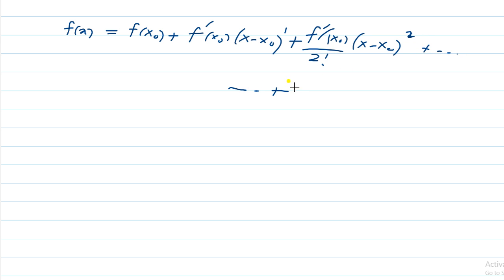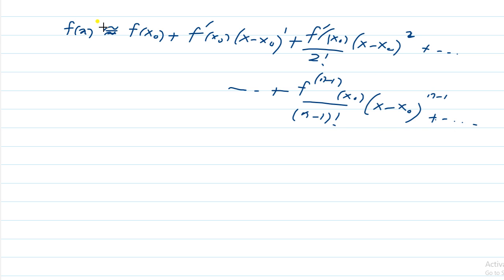So if you want to take n terms, or degree n minus 1, I will stop at one derivative before n, the (n minus 1)th derivative divided by (n minus 1) factorial times (x minus x naught) to the power n minus 1, and you can stop here, but this is not equal, then it will be approximately. If I don't stop and continue till infinity, then this will be equal.